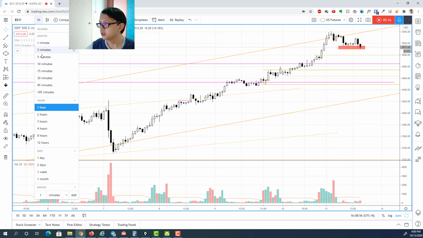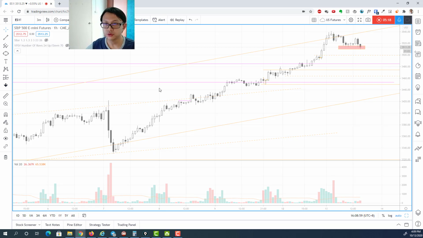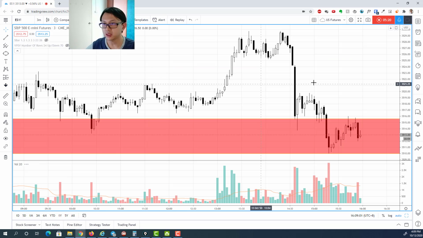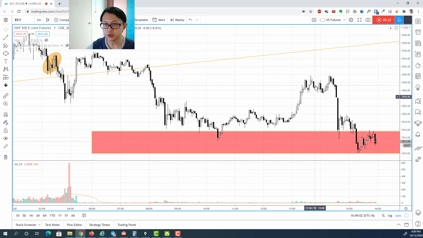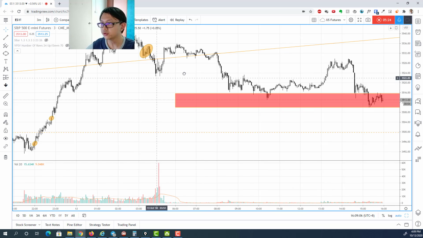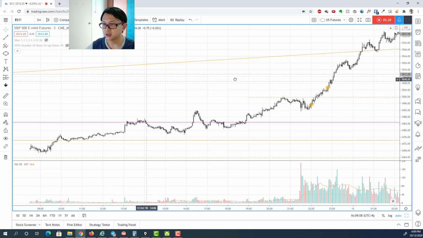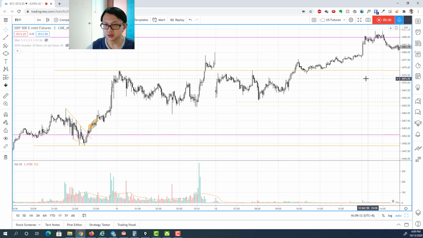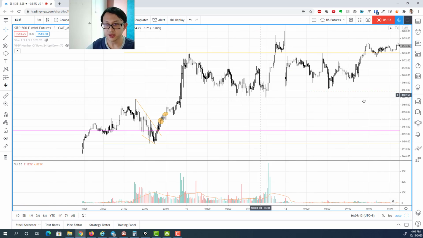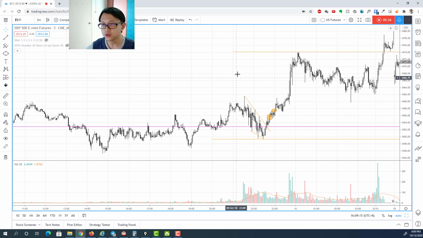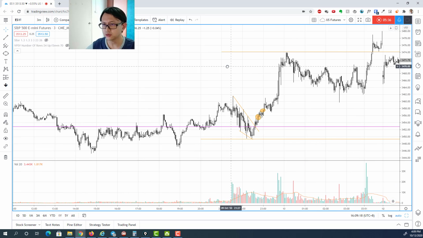Okay, so let me get down to the 3-minute chart, and I have a trade review, or I should say a potential trade review from last Friday, because I do think that it is a really nice trade that I would like to share with you, and how to actually trade this kind of descending wedge pattern.